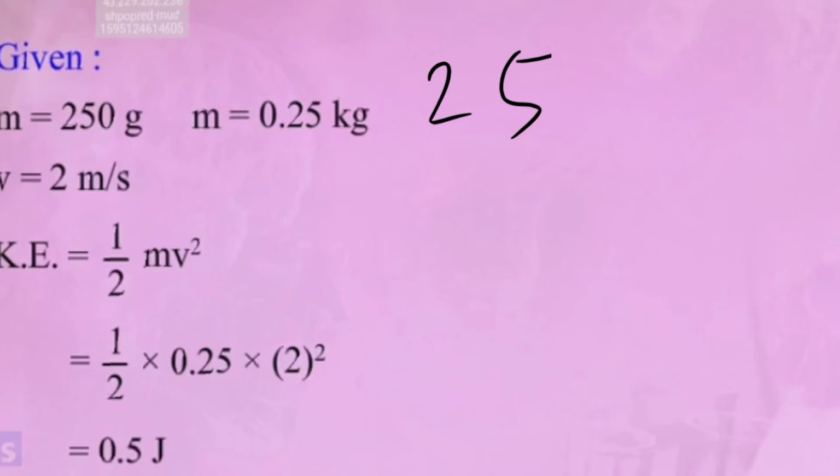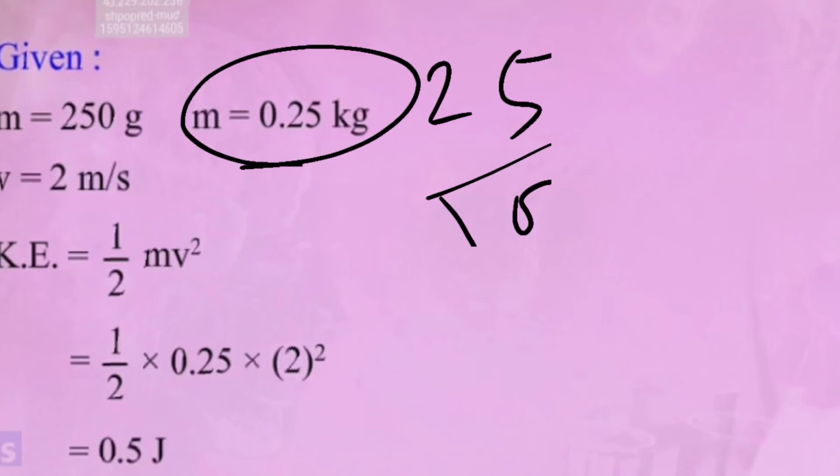So 250 is 250 upon 1000 kg. So to convert it, this 0 will get cancelled. 25 upon 100 is 0.25. So here we have written 0.25.